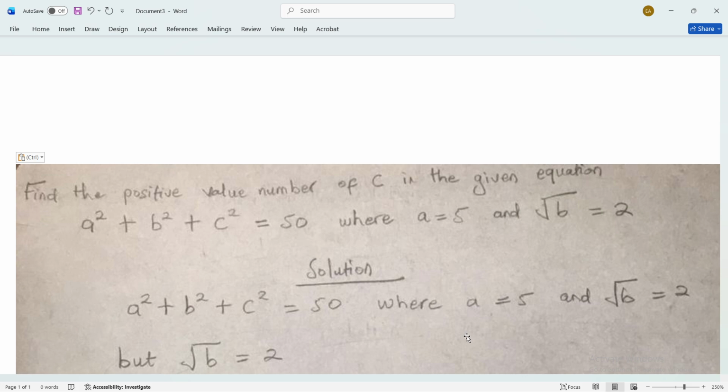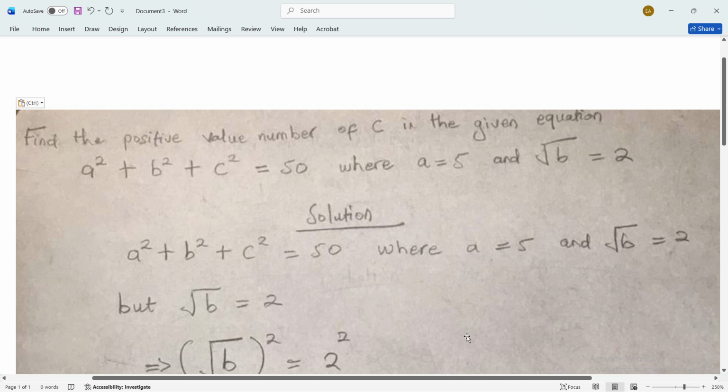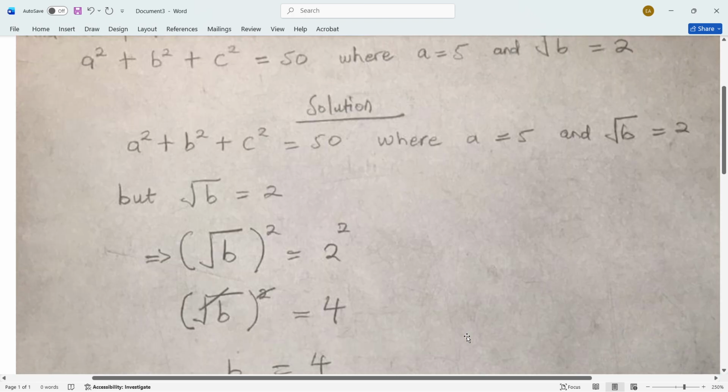Okay, so let's delve into it. So we introduce the square on both sides of the equation, and afterwards we cancel out. The square will cancel the root square out, leaving b to stand on its own, and 2 squared is 4. 2 times 2 is 4, right?